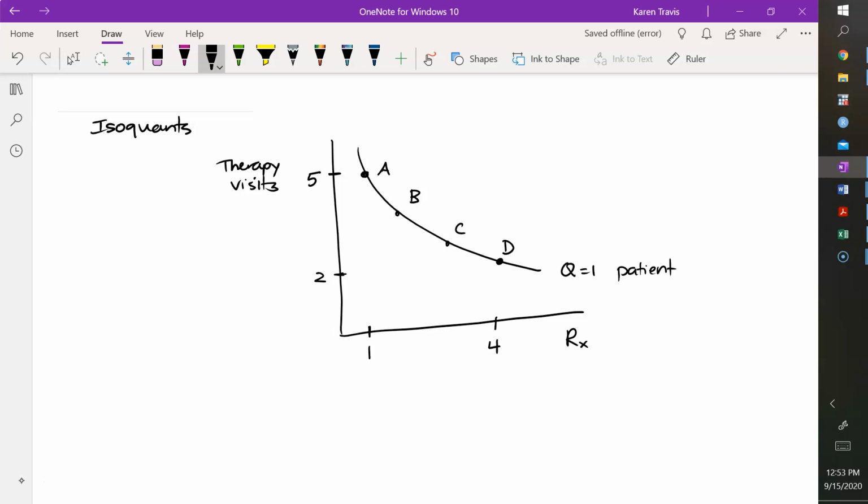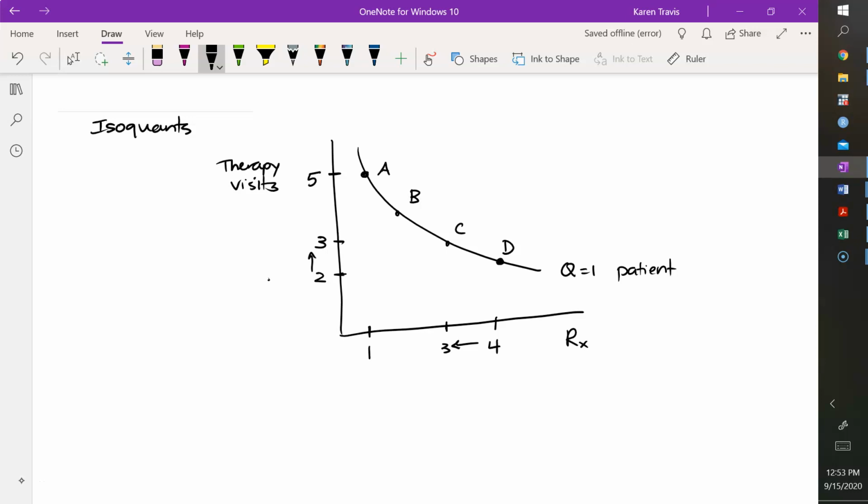So as we think about alternative ways of producing, we can think about if I started here at point D and I changed to 3 therapy visits in my depiction here, I could reduce the amount of prescriptions.